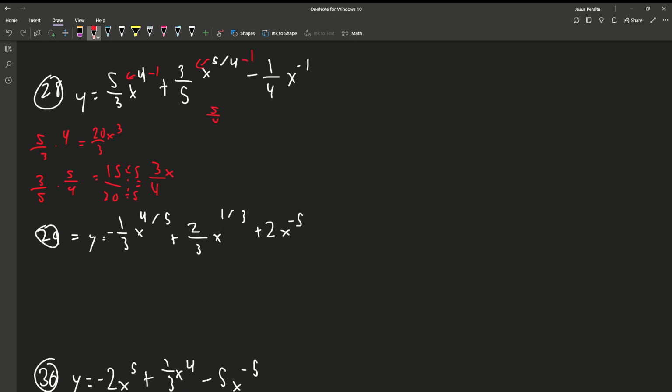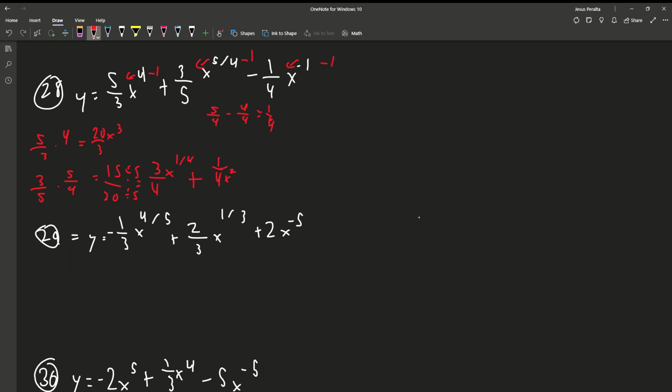That means 5 over 4 minus 4 over 4. It's basically the same thing. And we get 1 over 4. So x to the power of 1 over 4. And then negative 1 times negative 1 over 4 is the same thing as just 1 over 4, positive. Subtract 1, that's x to the power of negative 2.